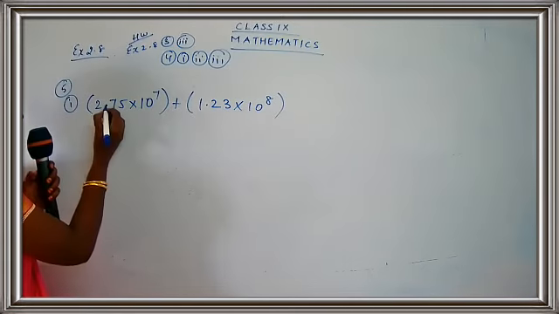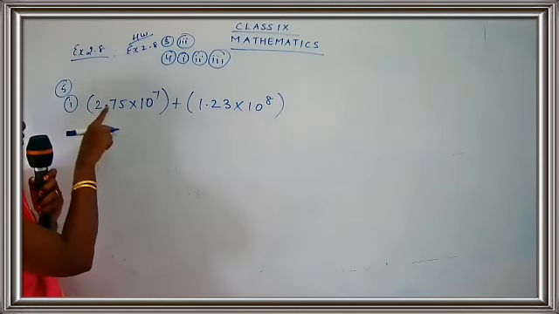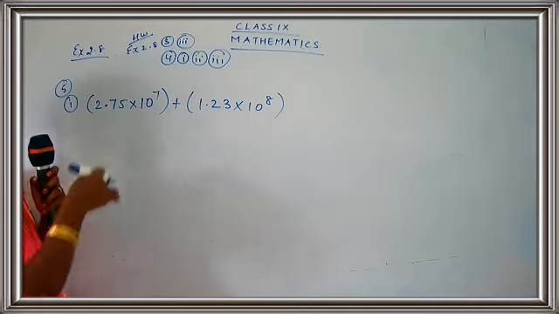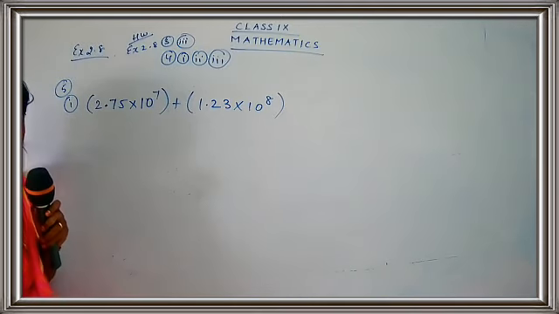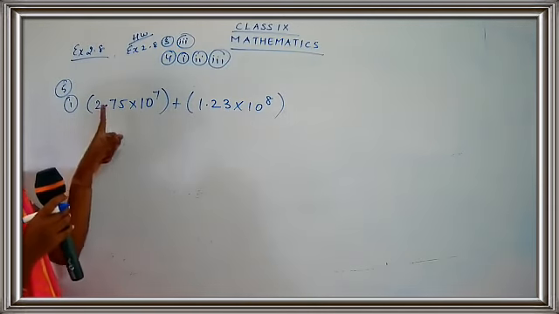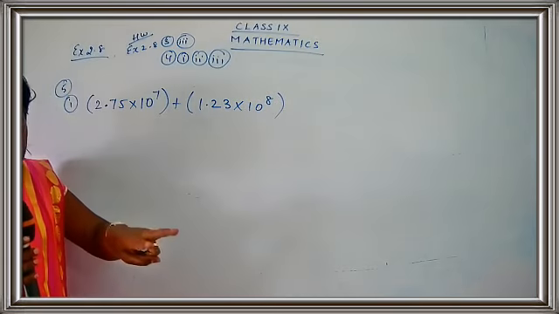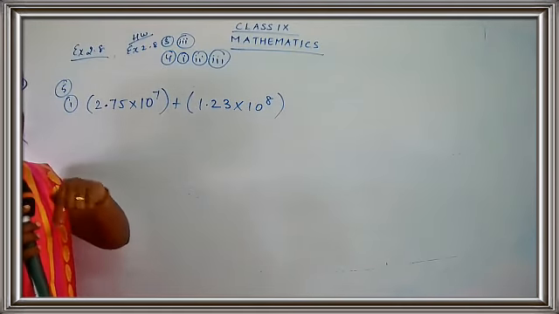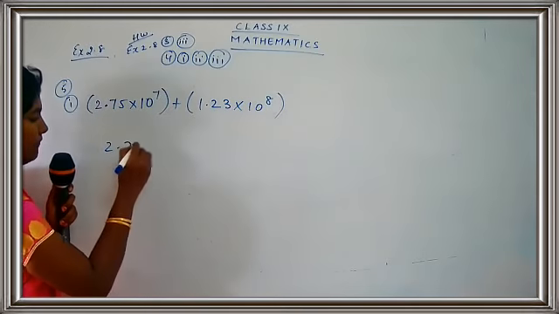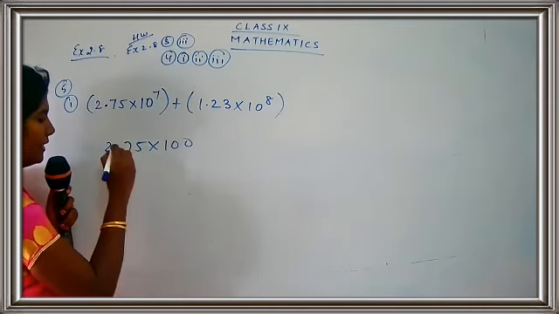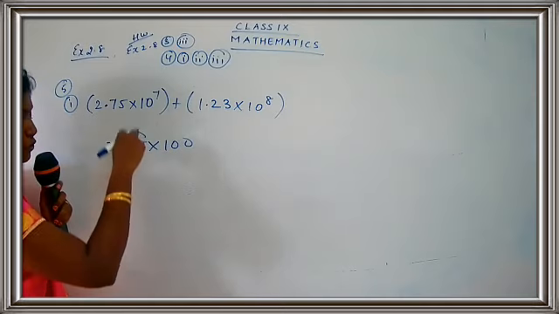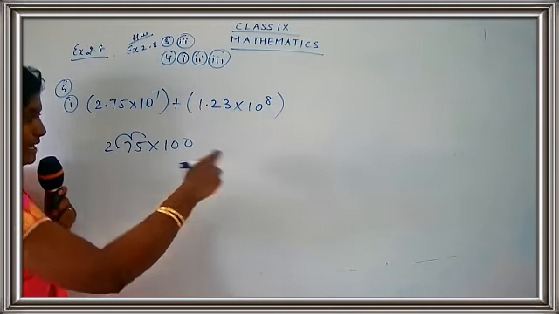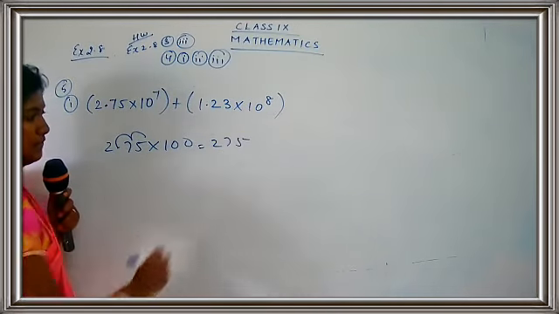See here, it is 2.75. I want to remove the decimal point. So by what number do I have to multiply? I have to multiply by 100. How many numbers are there after the decimal point? 2 numbers are there. So I have to multiply by 100. If I multiply by 100, the decimal point will shift 2 places to the right side, so I get the answer as 275.